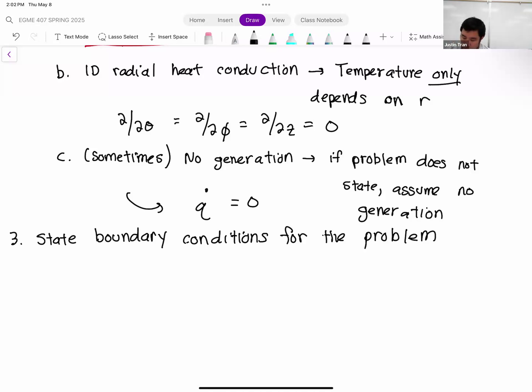Now, for radial problems, the way that you state the boundary conditions is, you have to ask yourself what is happening at the inner radius of our problem and what's happening at the outer radius of the problem.